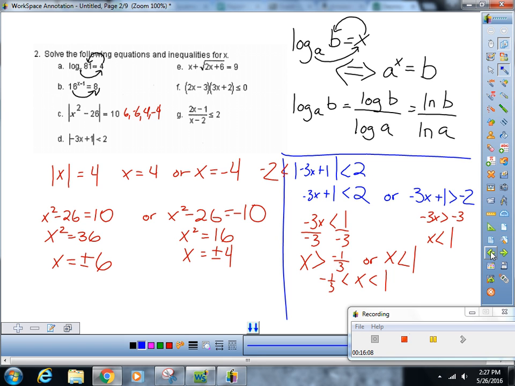And that changes when we multiply by a negative, but we don't know if that's negative, and it becomes very conditional. So the best way to do this is to either graph it or just think about what the graph looks like. So let's graph y equals 2x minus 1 over x minus 2. We're just going to graph that left side and see when is it less than 2.